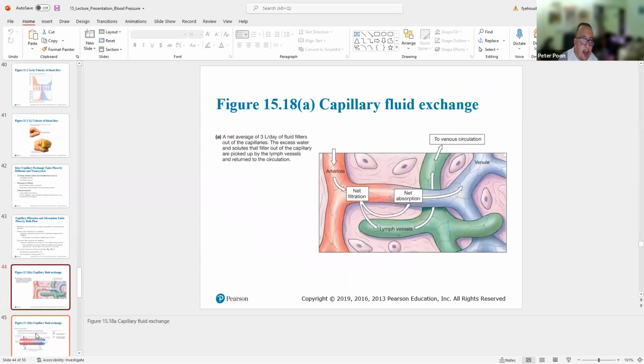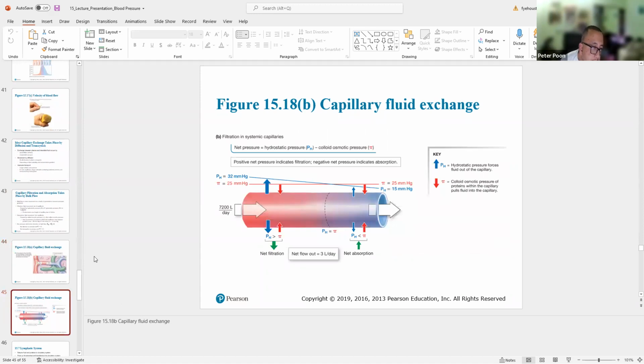So in capillaries, at the beginning of the capillary, hydrostatic pressure is pushing water out of the capillary.